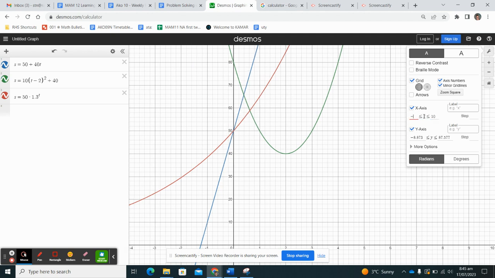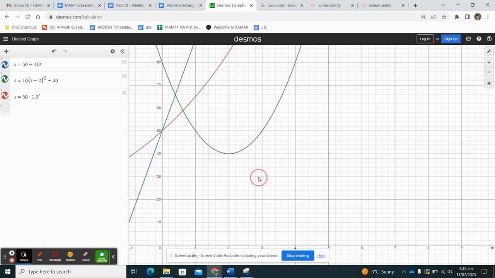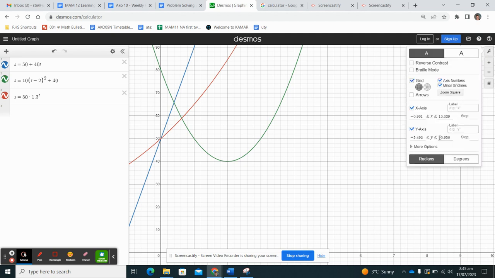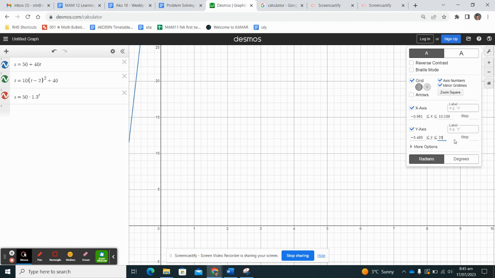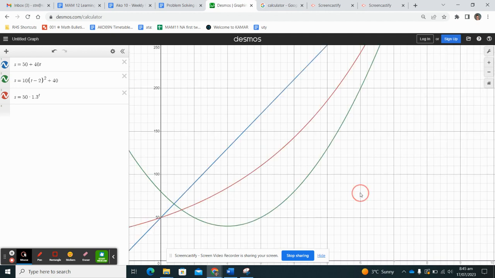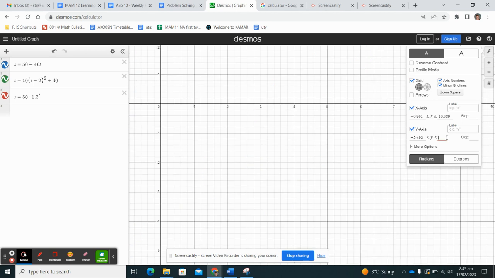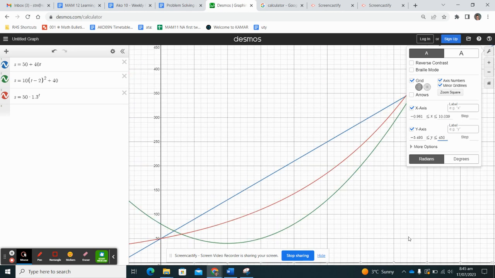Make this like -1. And then in terms of the savings, you want to be able to go up for 9 years, so probably going to need closer to $250, I'd say. Maybe a little bit higher even. Maybe $450. There you go.